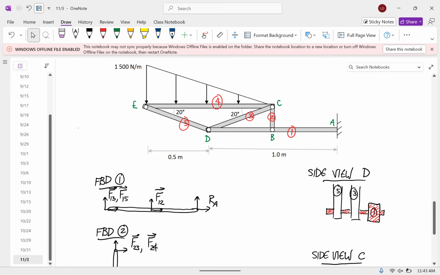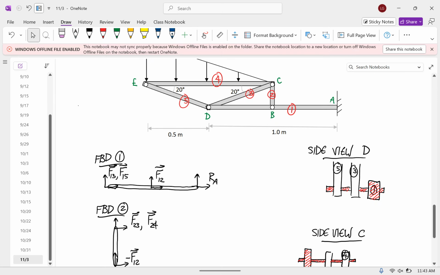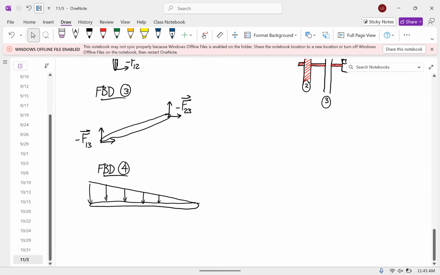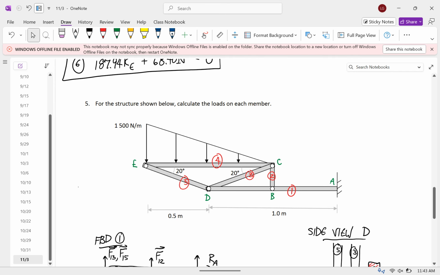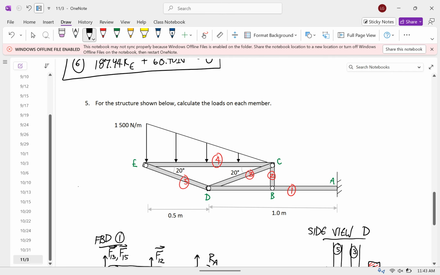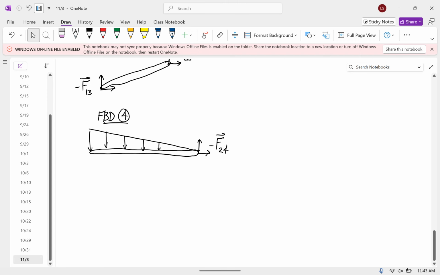At pin C, there's only a force on 4/2. So that's negative F24 because we've already used 2,4. And then over at E, it's in contact with 5. So this is F45.